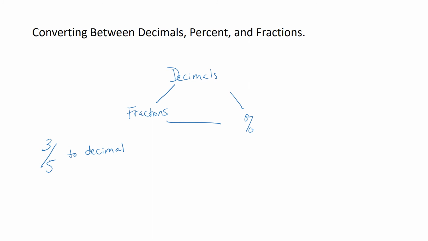But if I had something that didn't have a denominator of 5 or something that I could multiply by to get 100, I would just remember that a fraction bar means division. And 3 divided by 5 is 0.6.